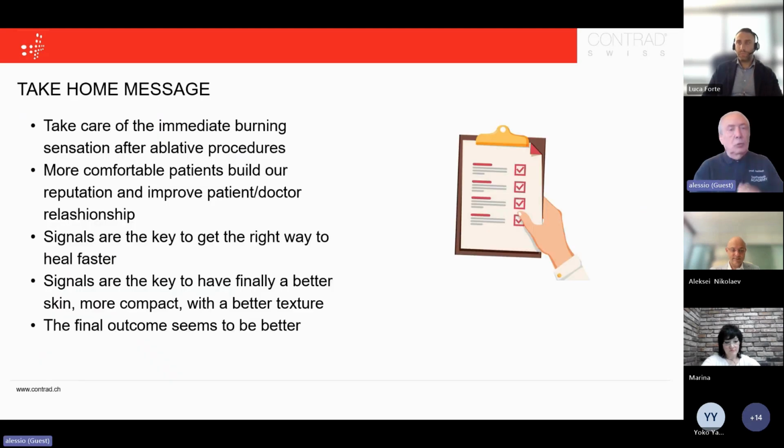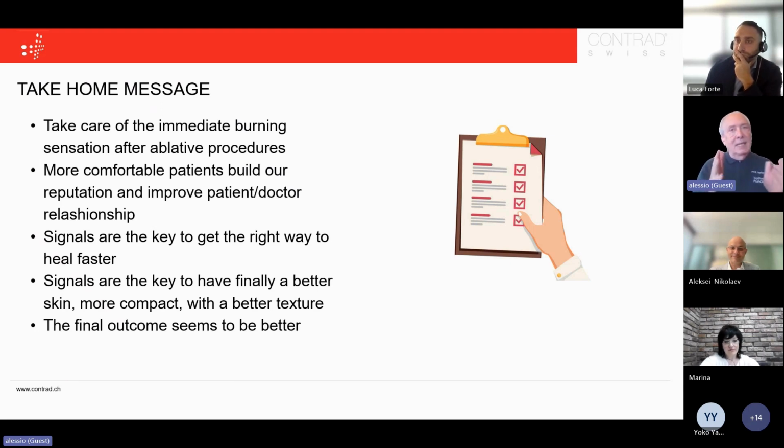So finally, to conclude, the take-home messages: taking care using the Activate Skin Actuator takes care of the immediate burning, and the first period after the laser treatment will be comfortable and less painful.